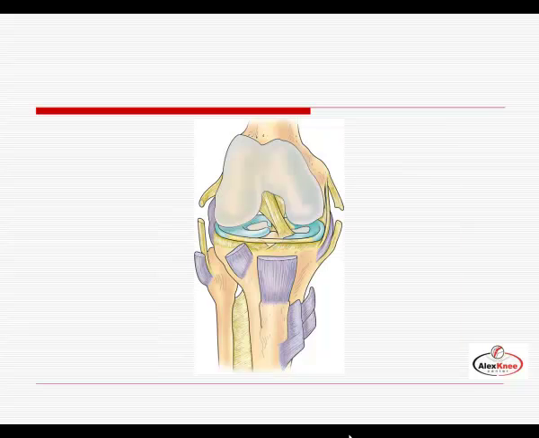In extension, the anterior cruciate ligament as a whole is more or less extended. This is the AM bundle and this is the PL bundle, as we are going to see in a few minutes.